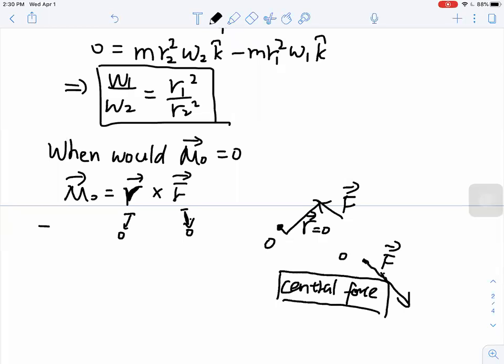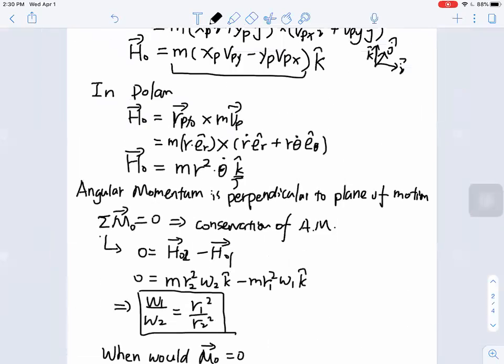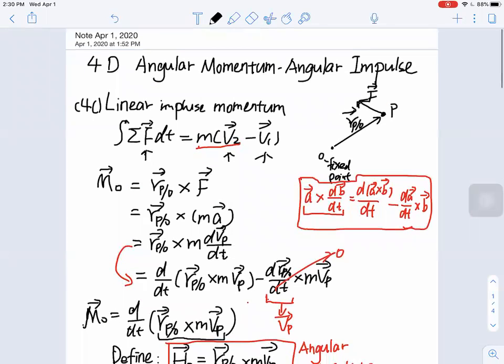Whether it's towards the point or away from it, they're all passing through the point, and you can always see there's conservation of angular momentum. Okay, any questions? Those are the concepts of how we get into angular momentum, starting from the linear impulse momentum.